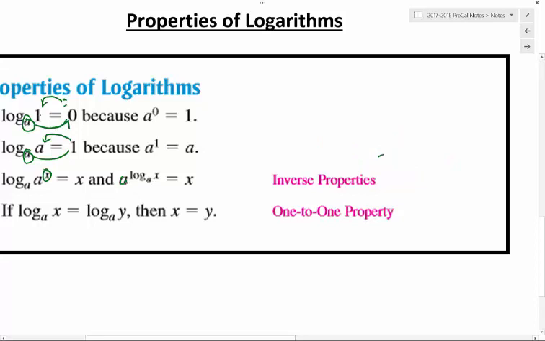That would be like 3 to the log base 3 of x, with this being an exponent. Well, because you have 3 raised to a log with the base of 3, that just becomes x. It all cancels out.